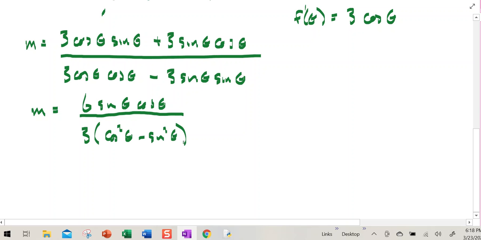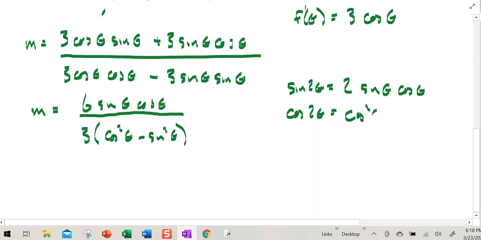All right, so it doesn't look like we're in any better situation than we were, but we are, because we're going to use some trig identities now. In fact, we're going to use the trig identity that the sine of 2 theta is equal to 2 sine of theta cosine of theta, and that the cosine of 2 theta is equal to cosine squared theta minus sine squared theta.